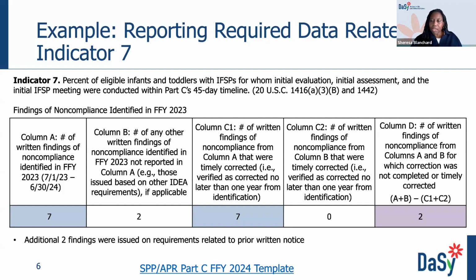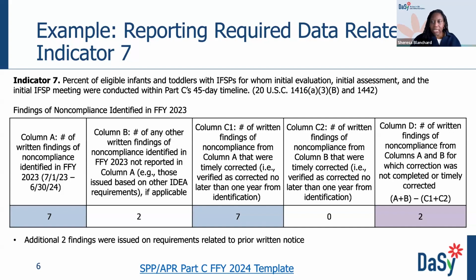And then in the third column, column C1, the number of written findings of noncompliance from column A that were timely corrected. In this example, there were 7 identified in column A, and all 7 were corrected in C1.